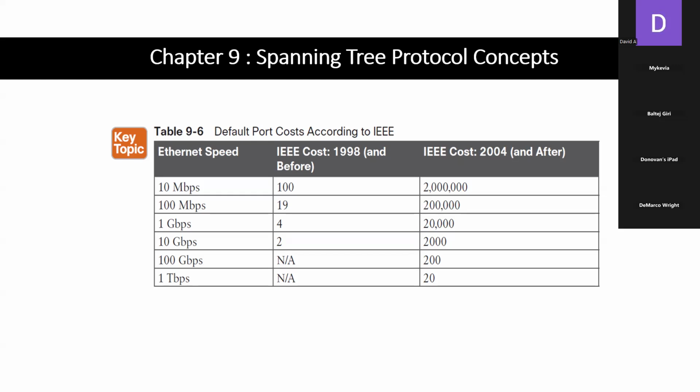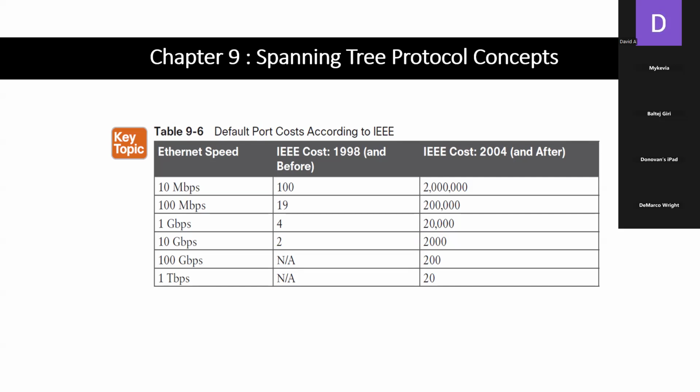What this is associated with, seeing the port costs associated with the Ethernet speed, is configuring the influence of your spanning tree topology. By default, Cisco has their settings for each technology: OSPF, BPDU, BGP, and so on.